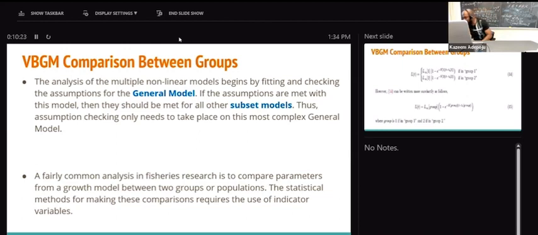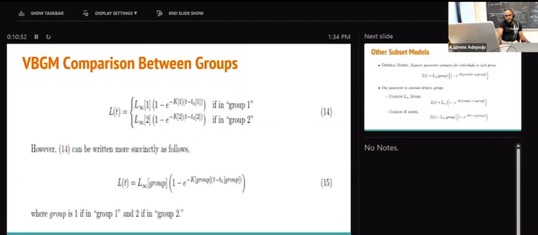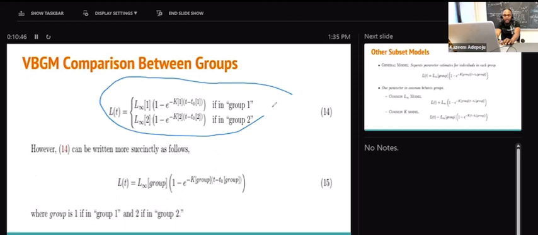Now, what I want to do is first go through the van Bertalanffy group model. I need you to look at equation 14. Equation 14 is the van Bertalanffy growth model for group 1 and group 2.